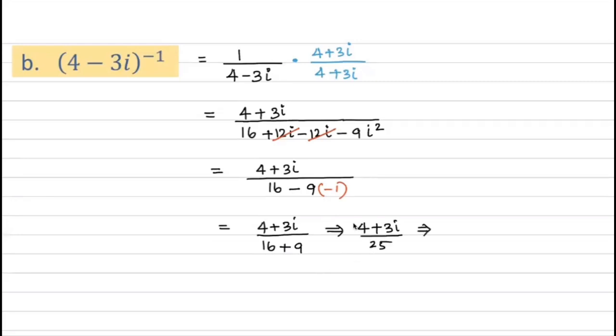This 4 has a denominator of 25, so I can write 4 over 25, and then plus this 3i has a denominator of 25, so I can write 3 over 25 i. So that it is in the form a plus bi, the standard complex number form.